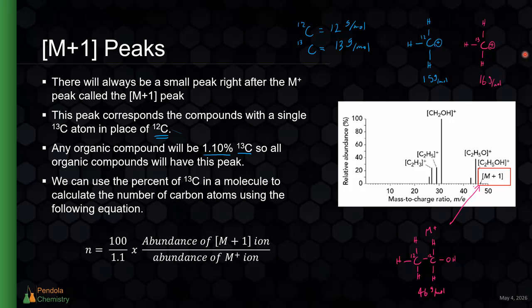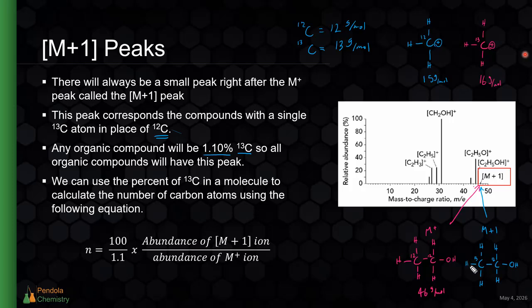But right next to it, that little tiny M plus 1 peak is for the ethanol molecules that have carbon-12 for one of the carbons, but the other one is carbon-13.